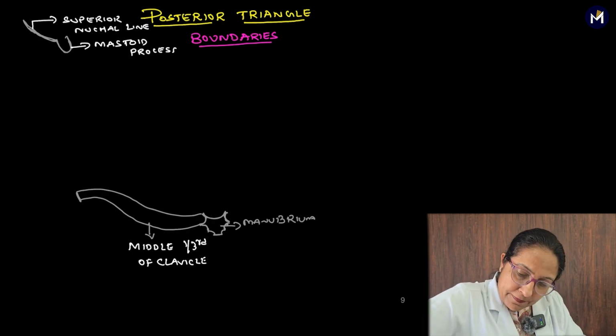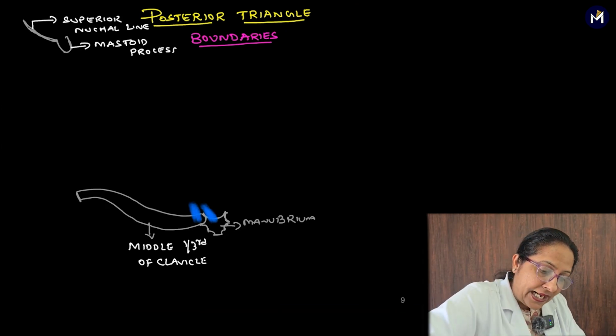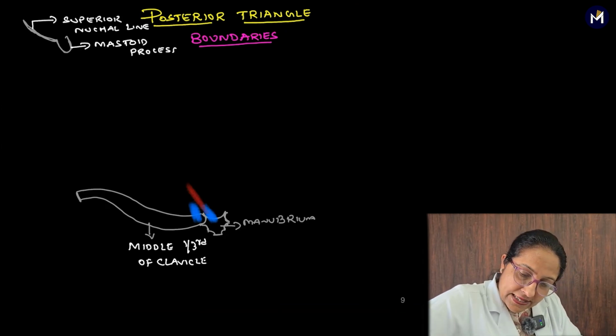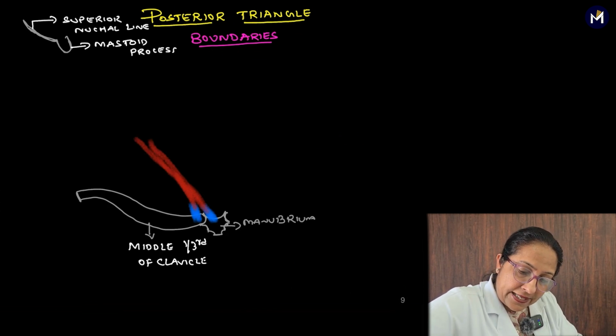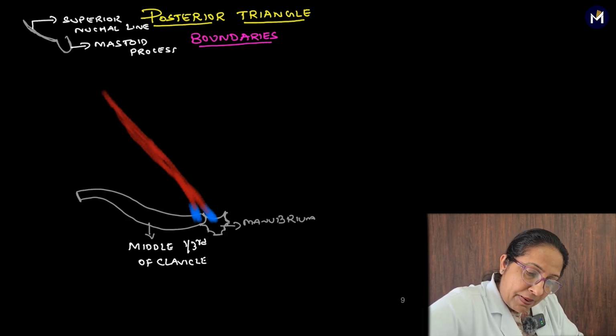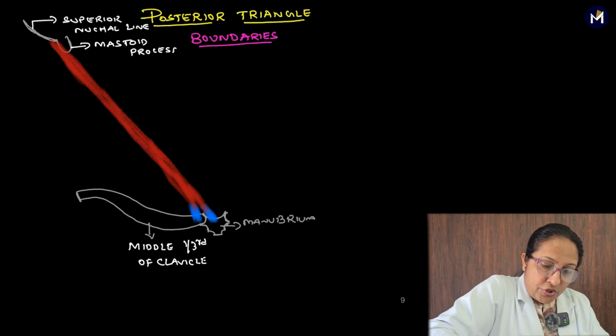So, this is one head of sternocleidomastoid taking origin from sternum, and this is from the clavicle. So, this muscle is sternocleidomastoid, the key muscle in the neck, which is partly inserted to the mastoid and to the superior nuchal line.